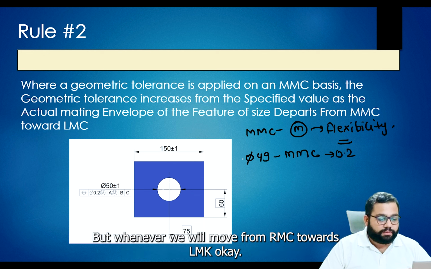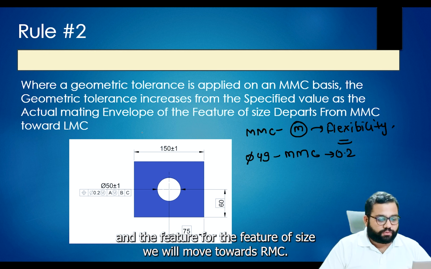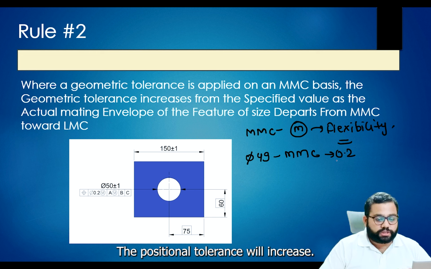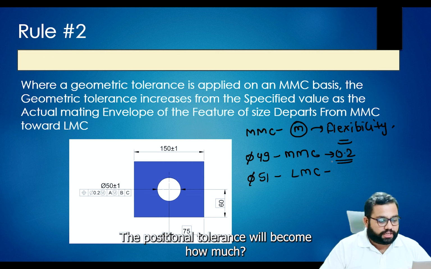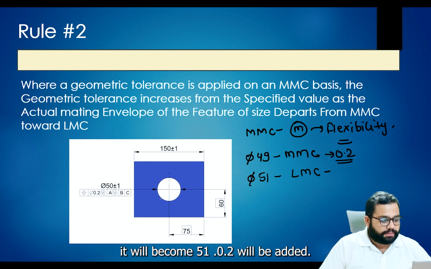But whenever we move from MMC towards LMC, for the feature of size, the positional tolerance will increase. When we reach LMC at 51, the positional tolerance will become how much? It will become 2.2, because 2.0 will be added.